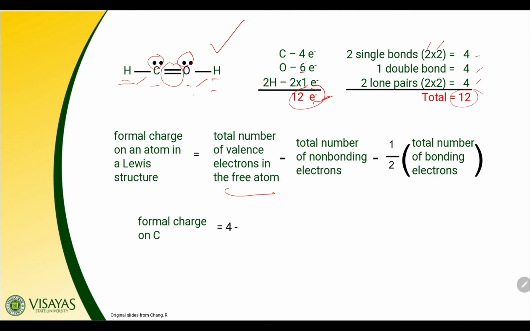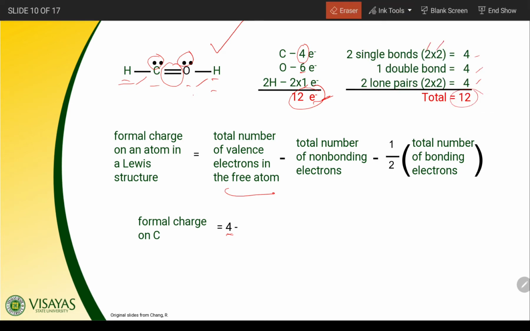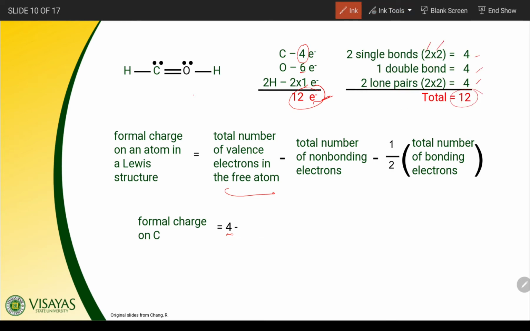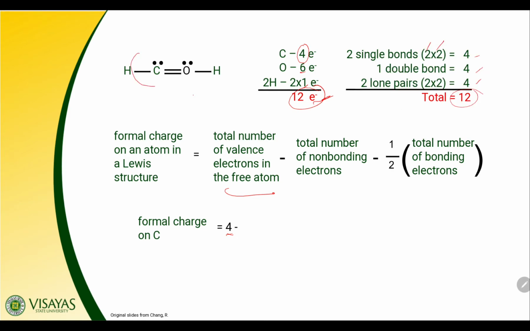We know that the valence electron of carbon is 4, so we have 4 minus the total number of non-bonding electrons. Non-bonding electrons are the dots that we see, or the lone pair. So in carbon, we have 2.